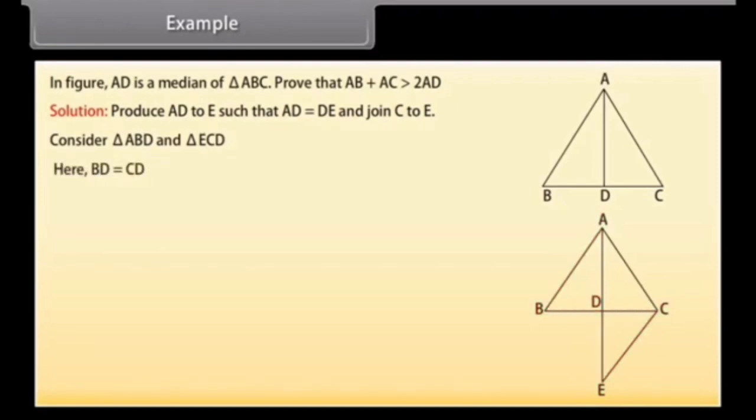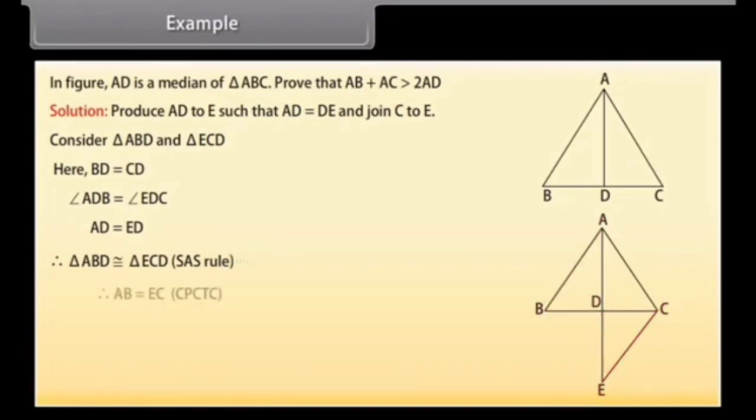Here BD is equal to CD. Angle ADB is equal to angle EDC. AD is equal to ED. Therefore, by SAS congruence rule, triangle ABD is congruent to triangle ECD. Therefore, AB is equal to EC, by CPCTC.